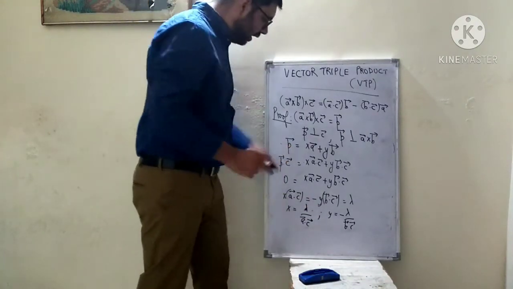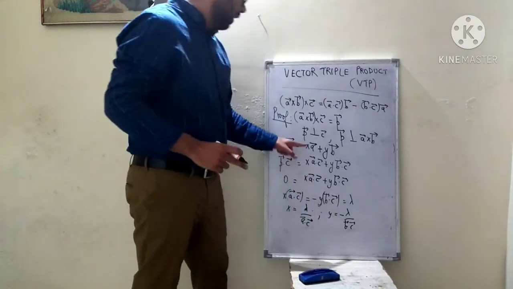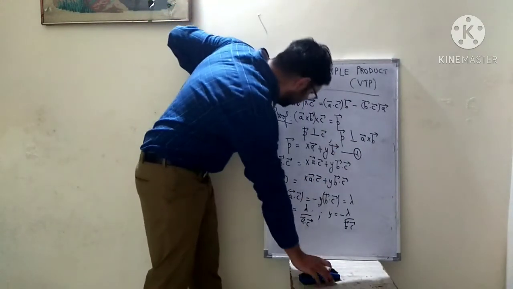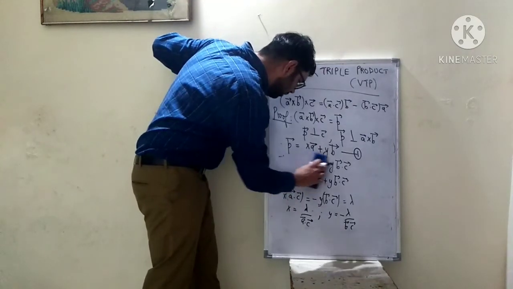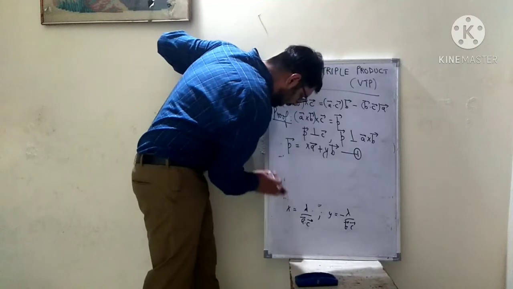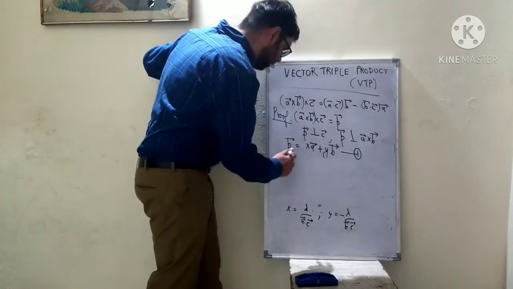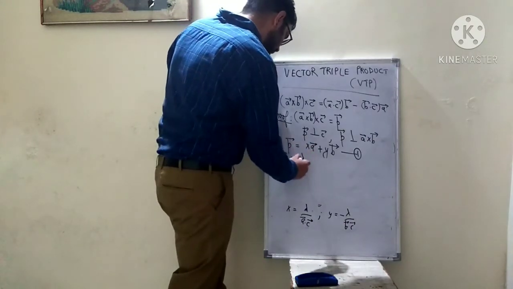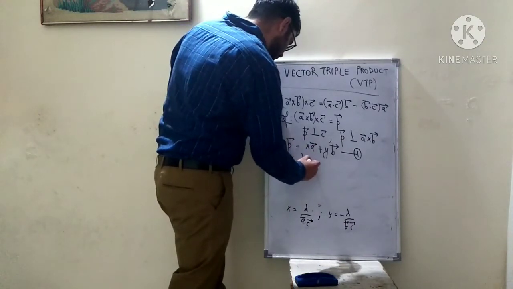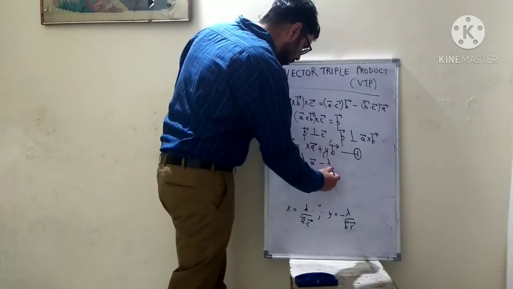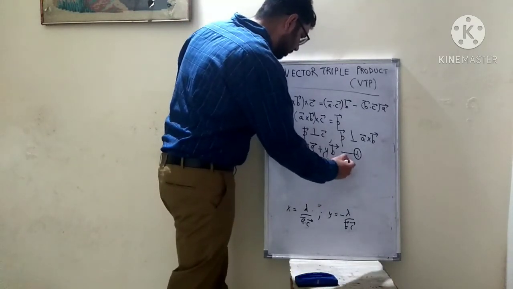Now what we need to do, we can just substitute these values of x and y in the original expression, which is expression 1. If we substitute these values of x and y in this expression, P vector is equal to x into A vector. So x is lambda upon A dot C into A vector, and y is minus lambda upon B dot C into B vector, right?